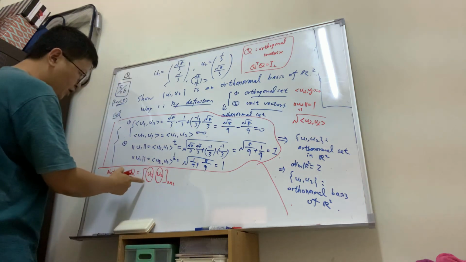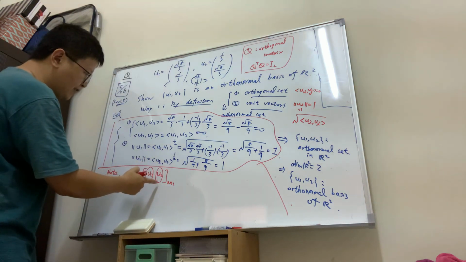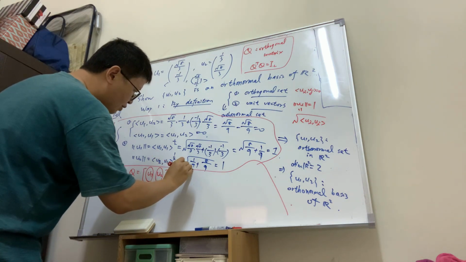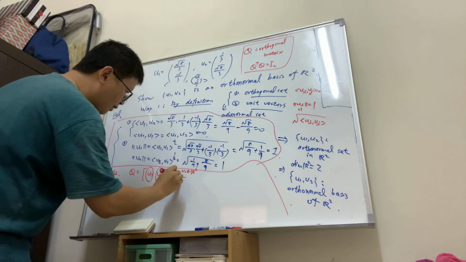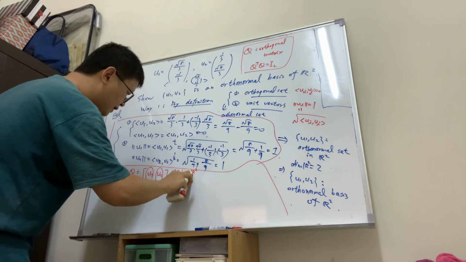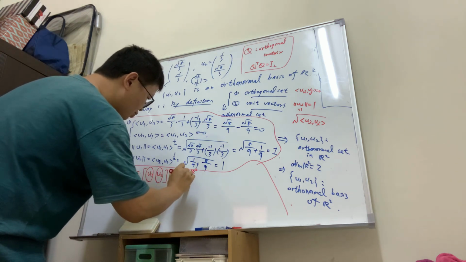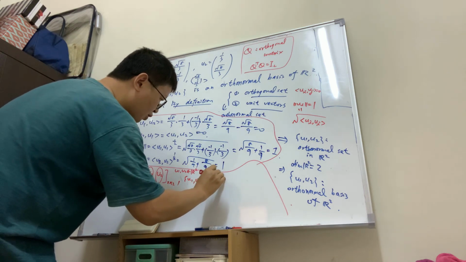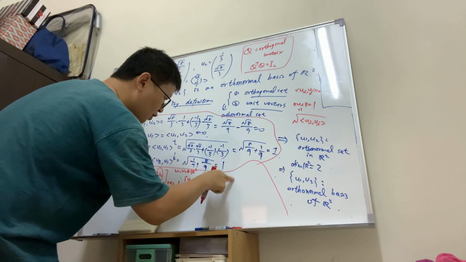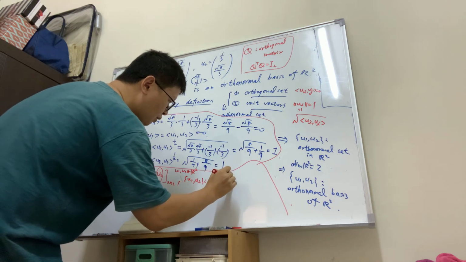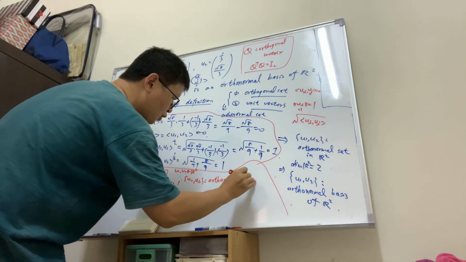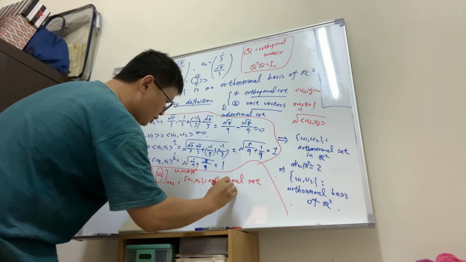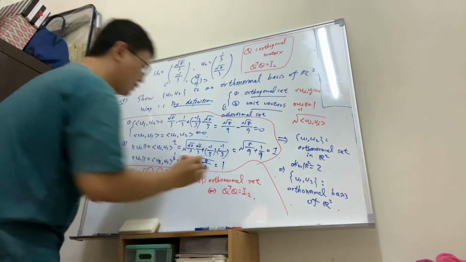If we denote Q this way, where U1, U2 are two vectors in R2, then what can we have? The result says that if U1, U2 are orthonormal, then Q transpose Q equals identity.